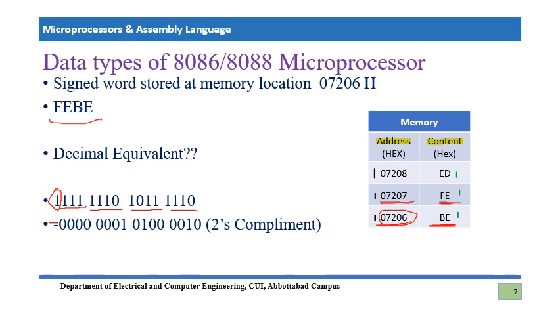So if you want to go to negative, we have to convert these binary bits into 2's complement. So I've just taken the 2's complement. I hope you guys know it. If we convert it, it becomes minus 322. That's how we can calculate how a signed word can be stored.